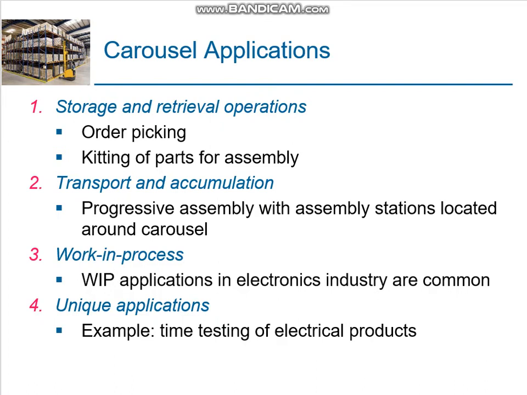Nowadays, due to space limitation in city areas, carousel application has been used as part of car parking systems in order to maximize the vertical space. So it is not only limited to factory usage, but nowadays it is also very beneficial for city planning and applications.